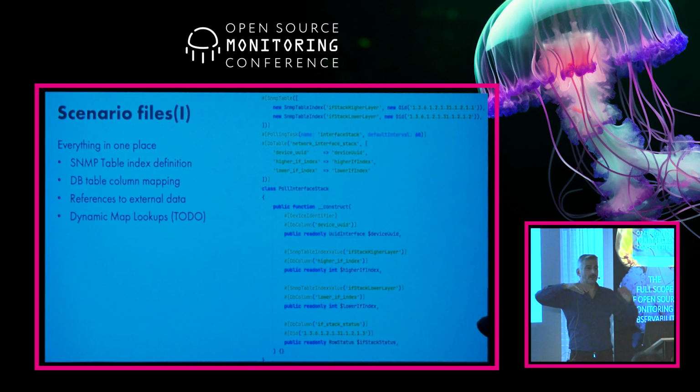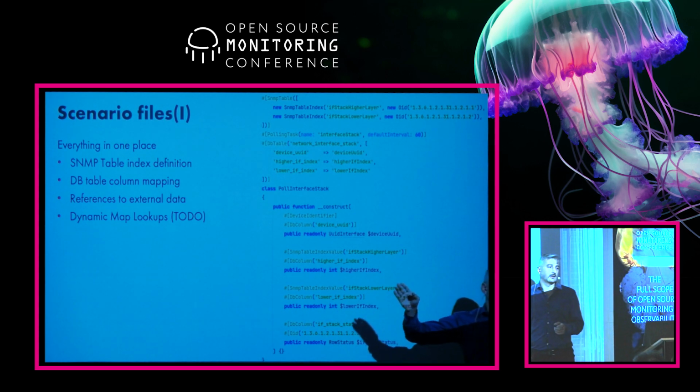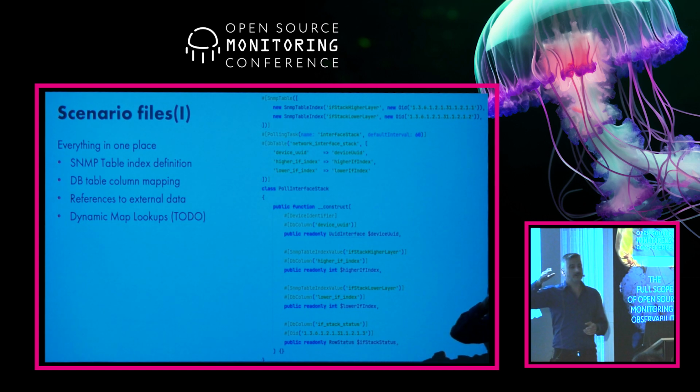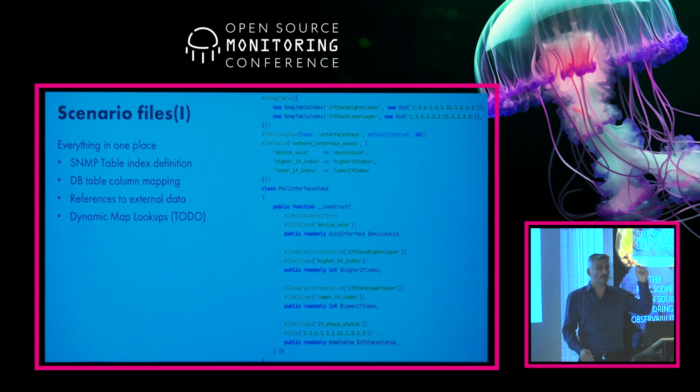You have a compound index. So on that SNMP table, you have multiple OIDs used for an index. This is a simple one. If you have a BGP peer table with IPv6 members, then you have first one number telling you whether it is an IPv4 or IPv6 address.